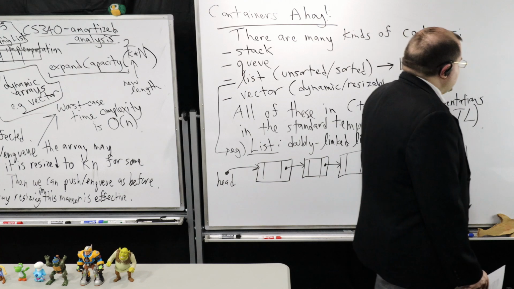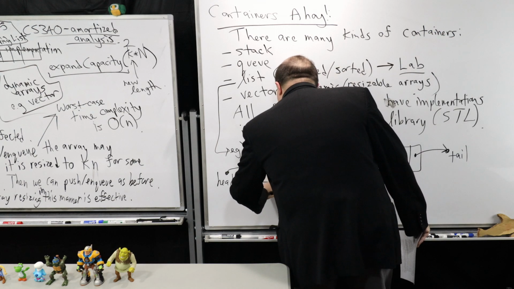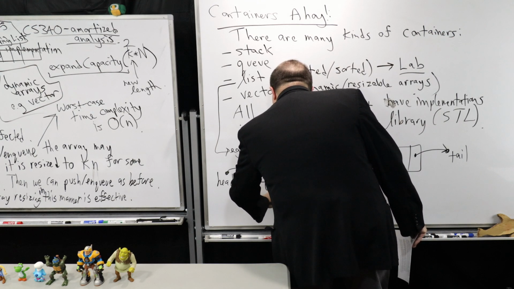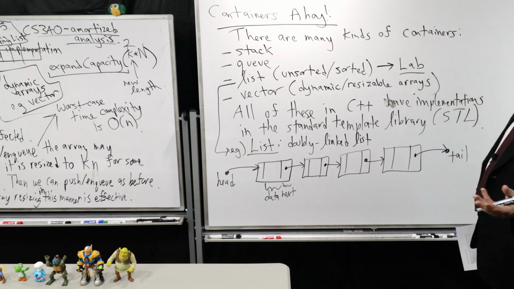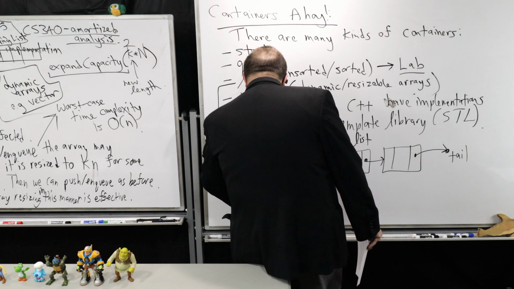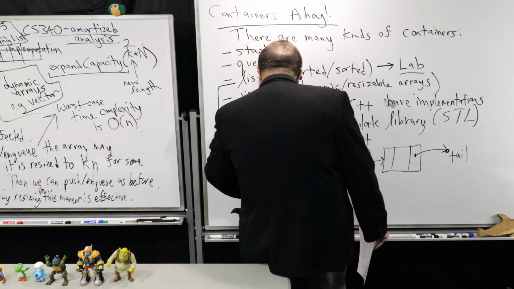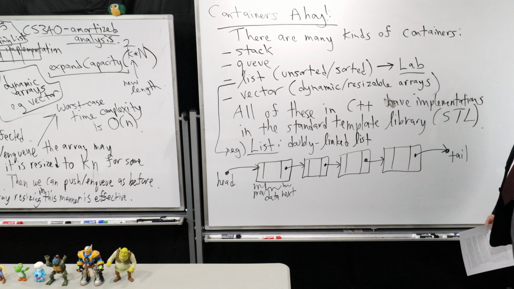And then we have the head. This doesn't look too much different, right? So I have the data. I have next. But I have another attribute as well. It's called previous or prev. And it's really simple. It's just a pointer to the previous node.